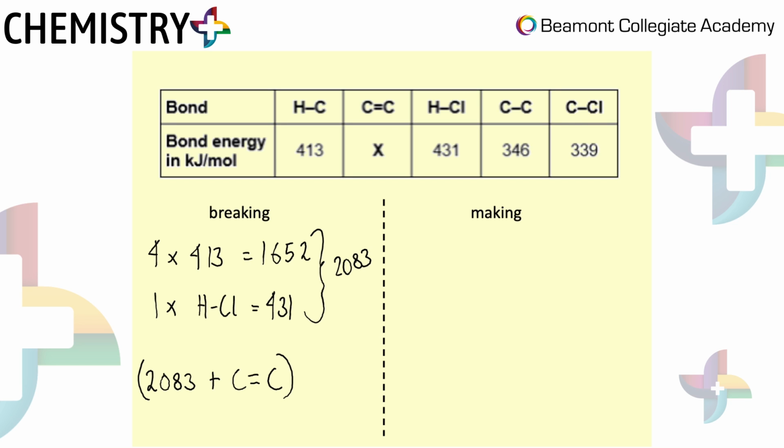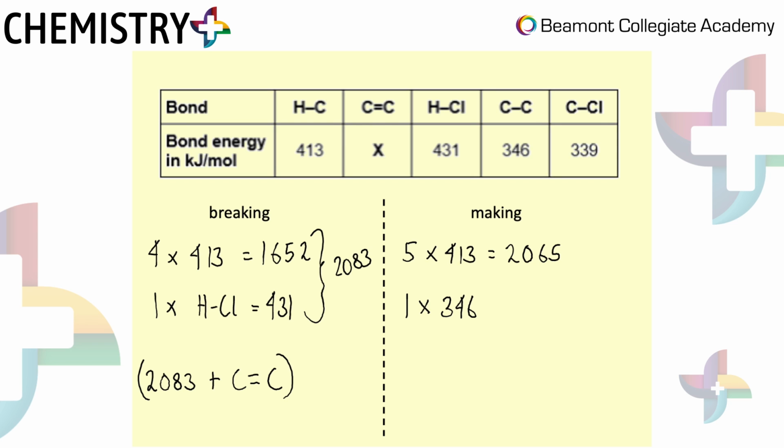Let's have a look at our making. On this side, we had 5 times the HC after counting. So that's 5 times 413. That is equal to 2065 after using my calculator. And then we also had 1 times the CC, that's 346.